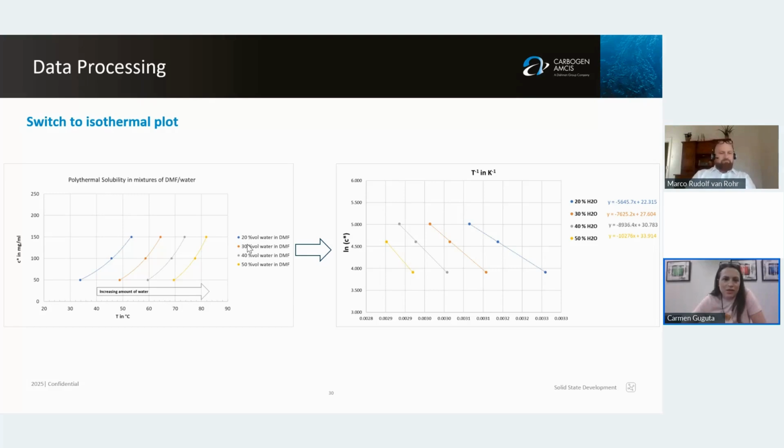Have you experienced film formation in the Crystal16 vials, like a film on the glass which prevents proper mixing? Indeed, I don't know if you have experienced it, Marco, but it's also compound dependent. We used to use silanized vials to overcome some of this.